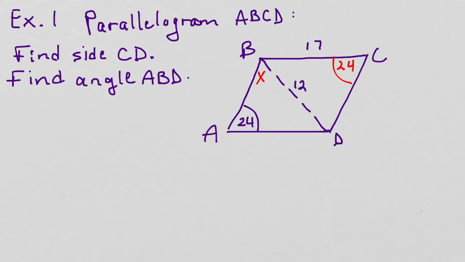All right, so now what I'm going to strategize is what do I need to do to get to side CD and angle X. So the first thing I'm noticing is that I've got a 17 here, which is one side of this triangle, and a 12 here, which is another side.